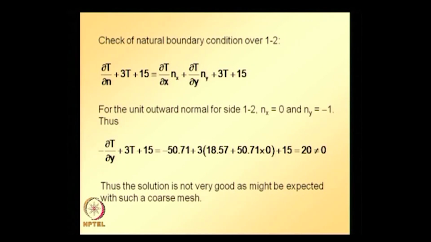Please note that a 3 node triangular element is a linear element for 2 dimensional problems. So, we used 4 linear elements, which may not be good enough to get an accurate solution for this problem. So, to get a more accurate solution, we need to use a much finer refinement for this problem. Okay. So, with this we will continue in the next class.